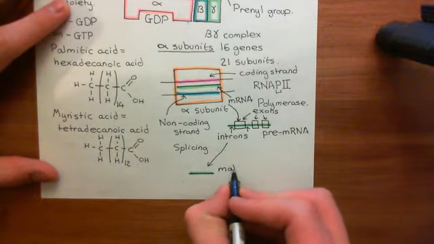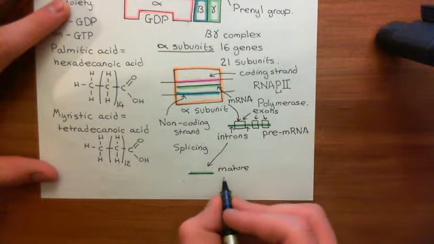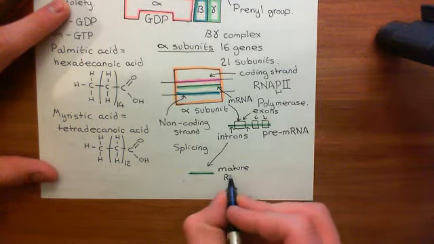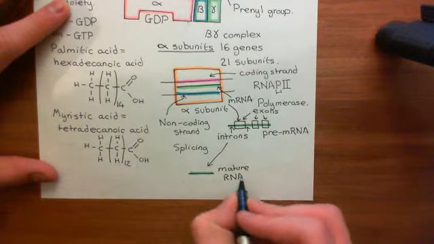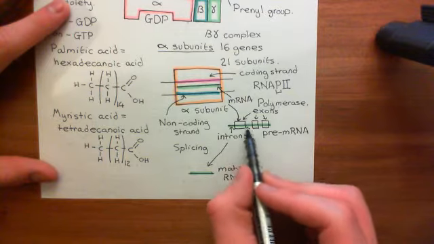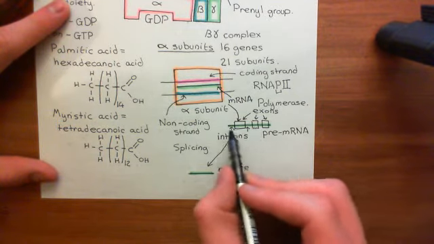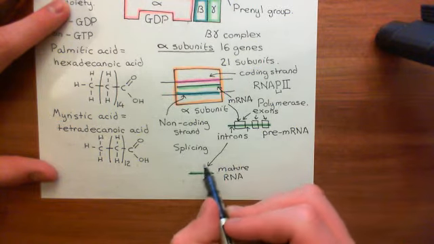Now, basically, some genes are capable of producing more than one piece of mature mRNA from their pre-mRNA. Sometimes there is more than one way of splicing up the pre-mRNA, and therefore you can create different mature mRNAs.